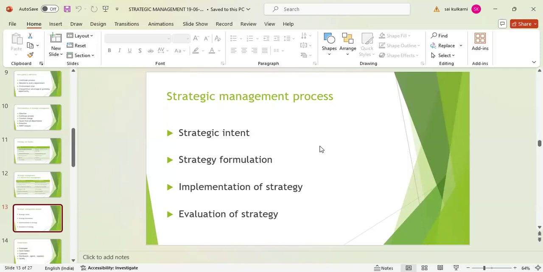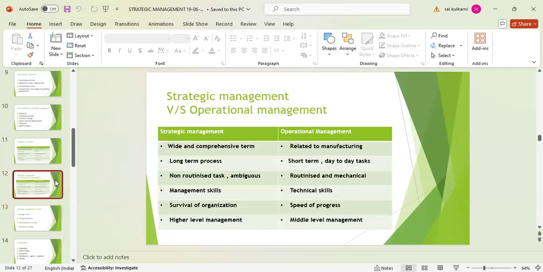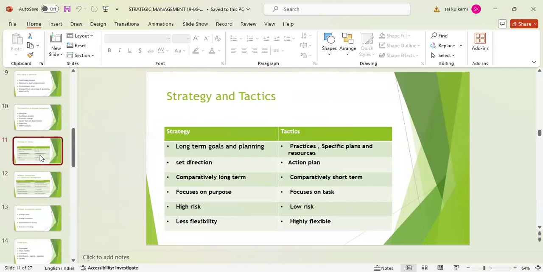Yesterday, in this slide, you can see the comparison between strategic management and operation management. Similarly, we have discussed strategy and tactics. So we have completed up to this point.